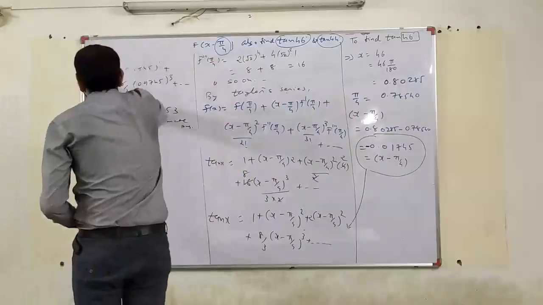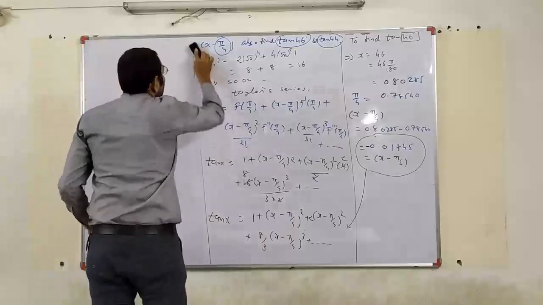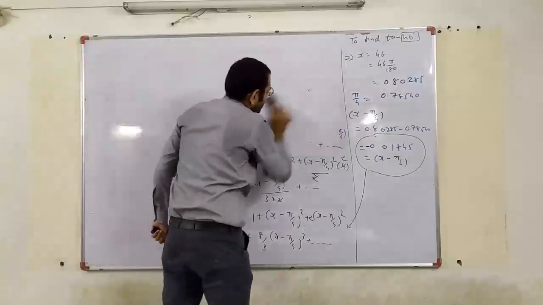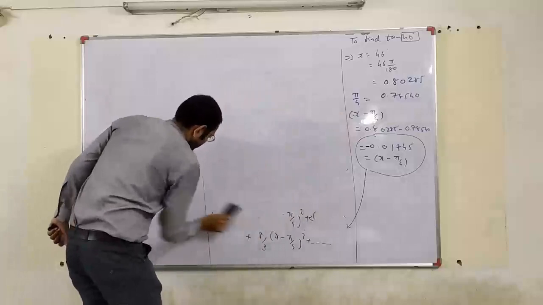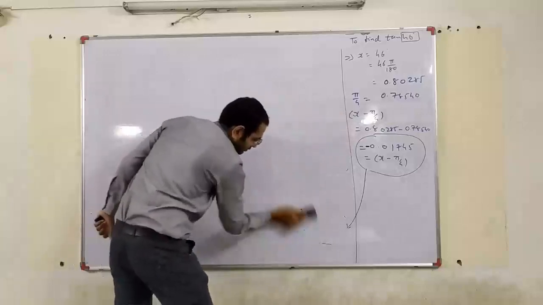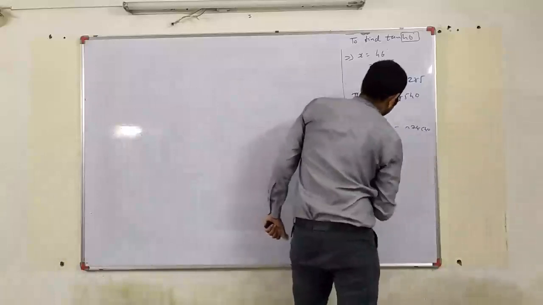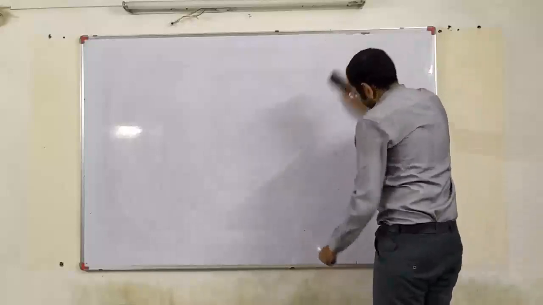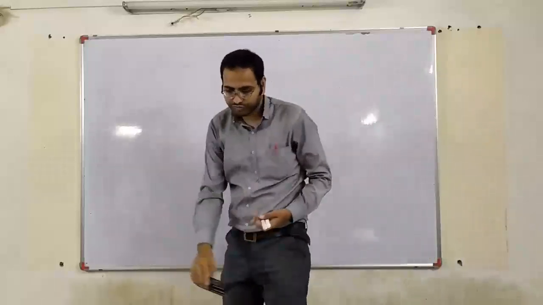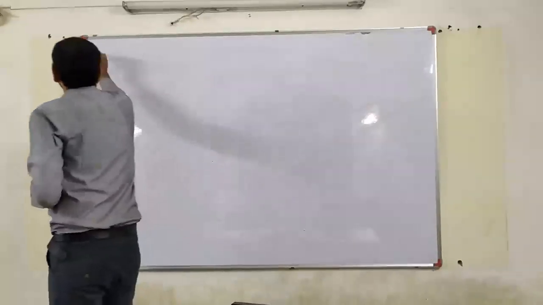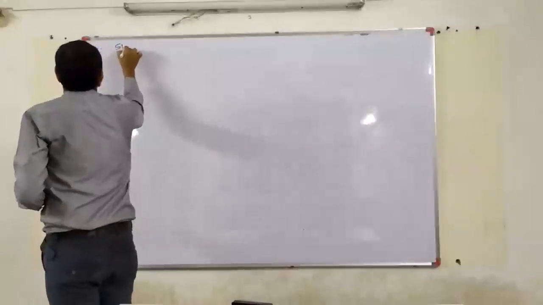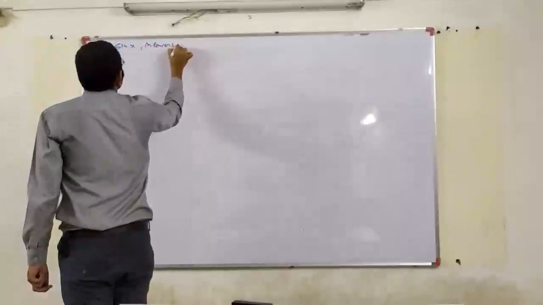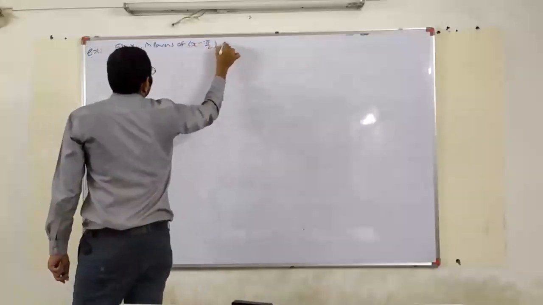Next example is: find the Taylor series of sin x in powers of x minus pi by 2.